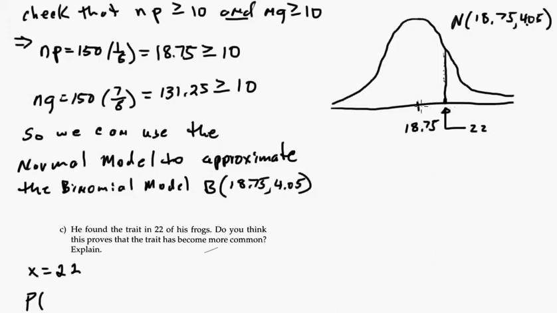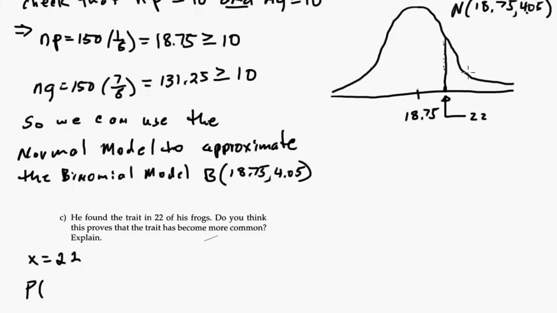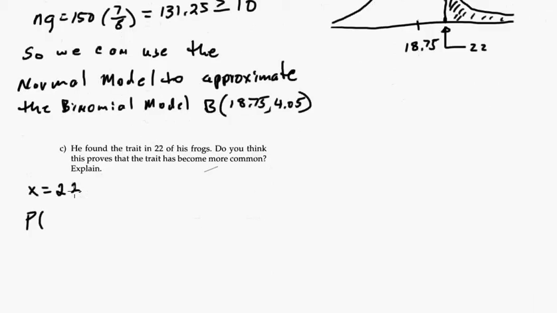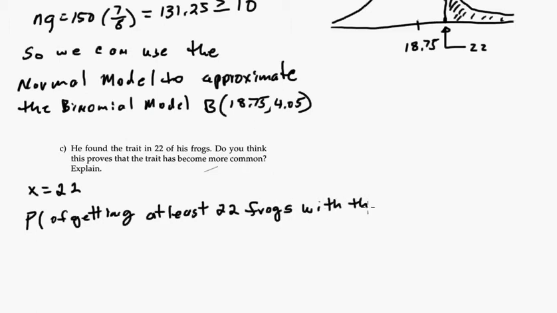Okay, and if 22 is not too far away from 18.75, then possibly that's what we would expect. So the question I think that we want to know is, what's this area? What's the probability of getting at least 22 frogs with the trait?